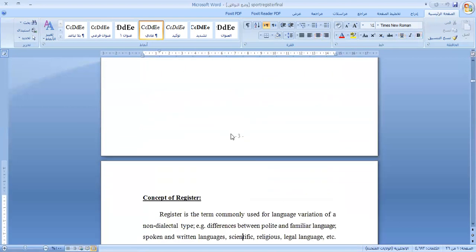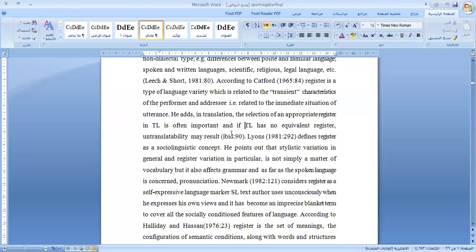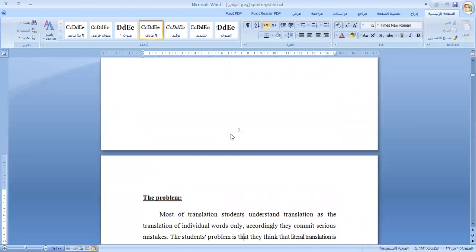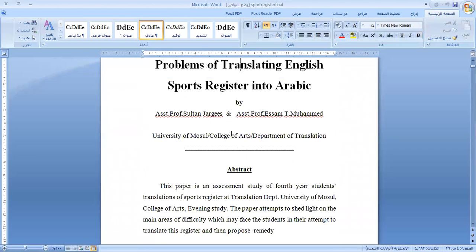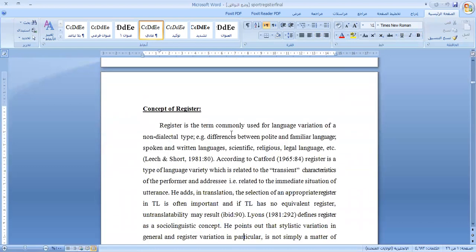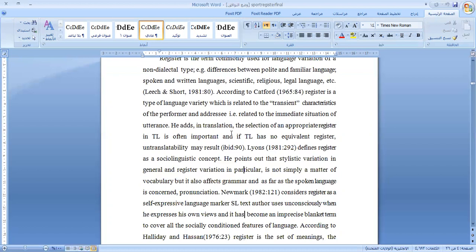First of all, actually, the main problem in translating these terms is that they do not have specific equivalent terms in Arabic, or some sports are known in, for example, the USA or Britain or America, but they do not exist in the Arabic area.